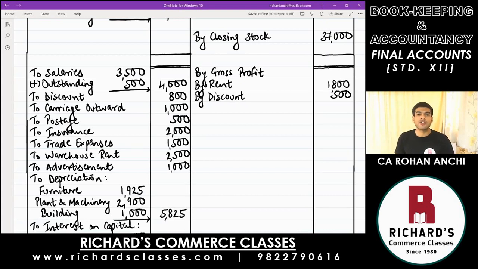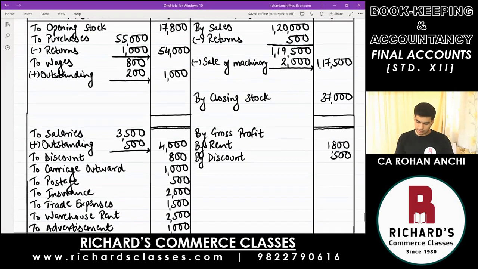Your goods are already finished being produced or manufactured. You are only storing them there. So warehouse will never come in the trading account. It has gone to profit and loss account. We have recorded it there. If you have taken it to the trading account, make that change. It comes in profit and loss account. Yes, sir. Okay.